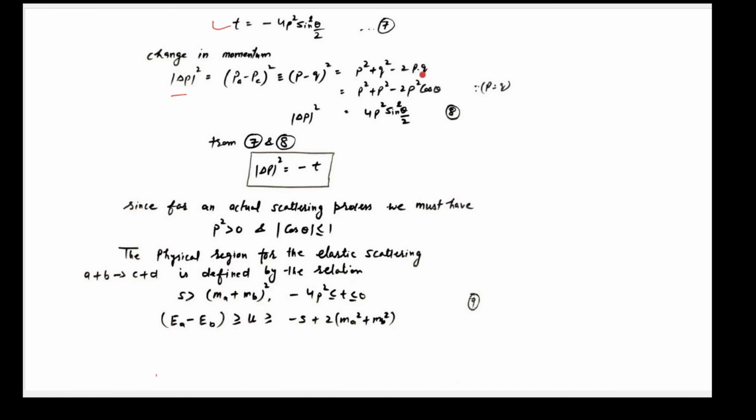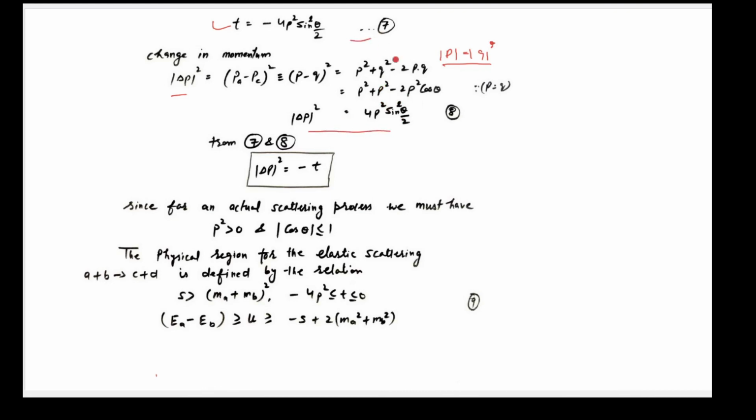Suppose theta is the angle between p and q. So we got this. Suppose |p| is equal to |q|. We can replace this q squared with p squared, and using the trigonometric identity we will get this.